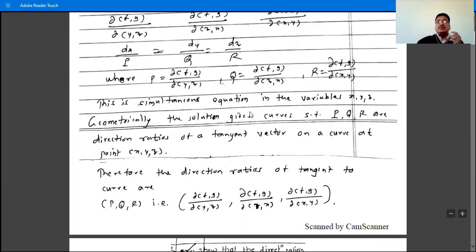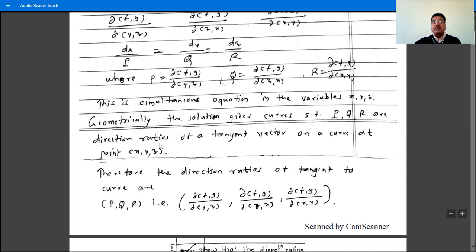So this is the simultaneous differential equation dx/P = dy/Q = dz/R in three variables x, y, z. Geometrically, the solution gives the curve such that P, Q, R are the direction ratios of the tangent vector on this curve at a point (x,y,z). So what is the geometrical meaning of this capital PQR?